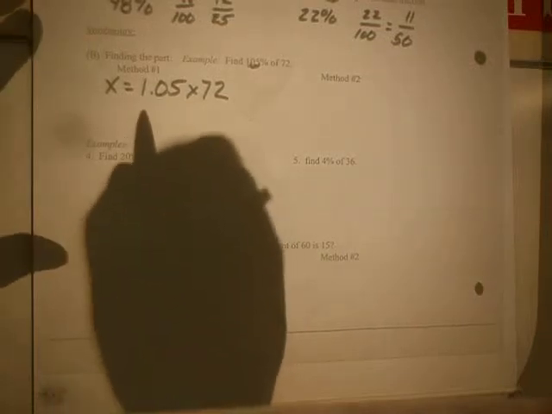So we would change this to a decimal, and you would have 1.05 times 72. So find is what we're trying to find. This number equals 1.05 times 72. And if you multiply those two things, what do you end up with? Somebody multiply those? 75.6.